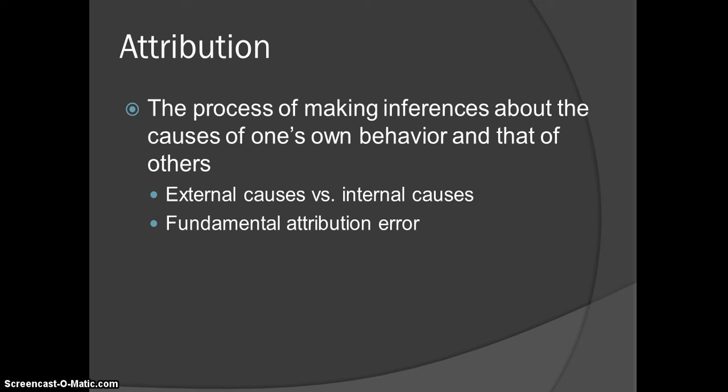Oh, he's acting like a jerk, or she's acting very rude or something like that. You might not think, oh, she's just having a bad day. No, you will immediately attribute it to her personality. Oh, she probably just has, I don't know, a bitchy personality or something like that. Rather than the external causes, which can actually be the reason why.